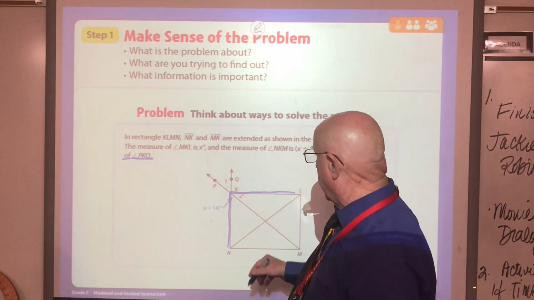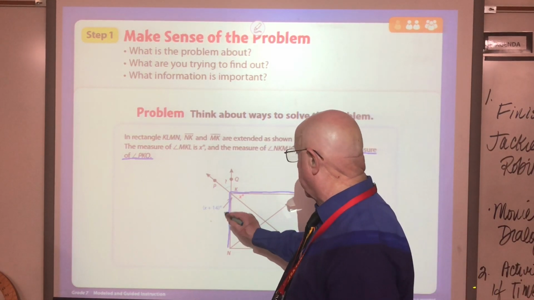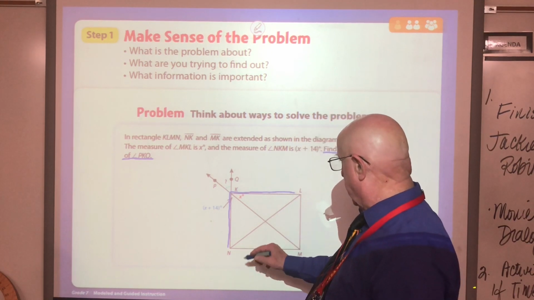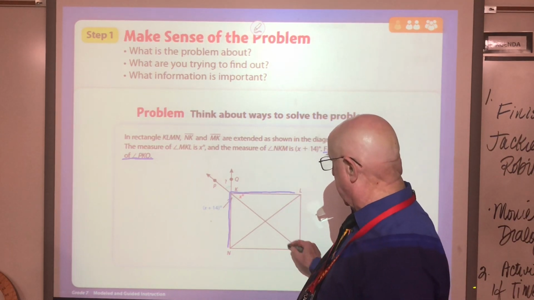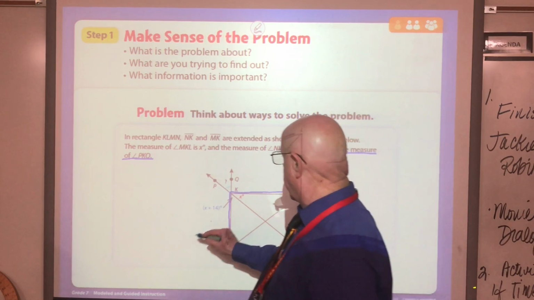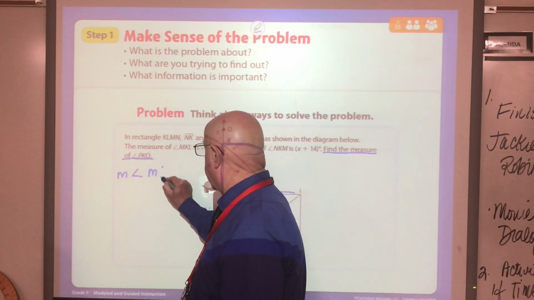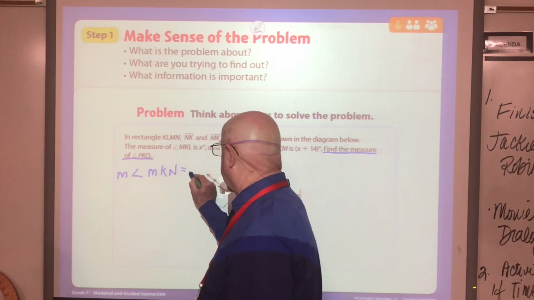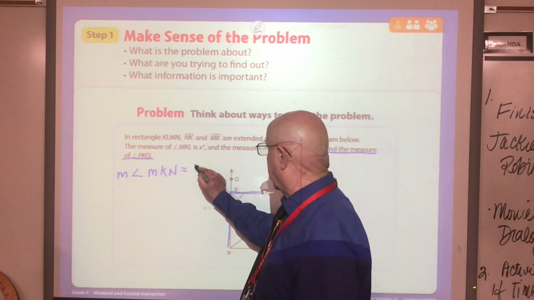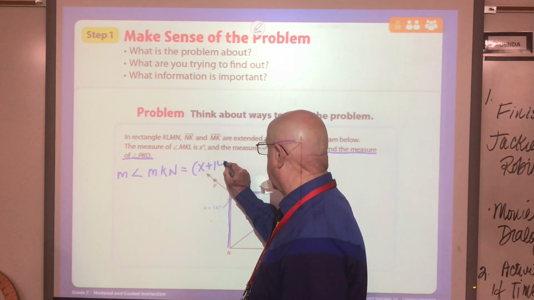So we're going to start with this angle here, the measure of angle MKN. The measure of angle MKN is equal to X plus 14, right?